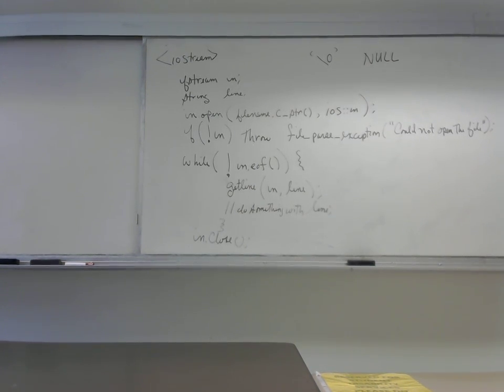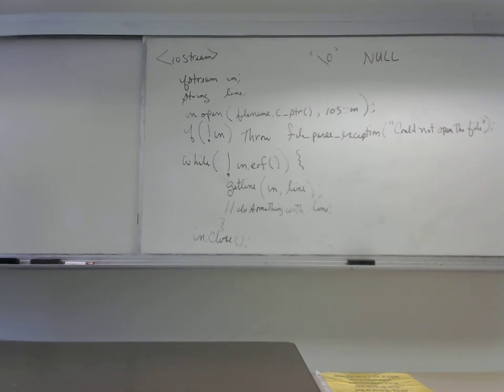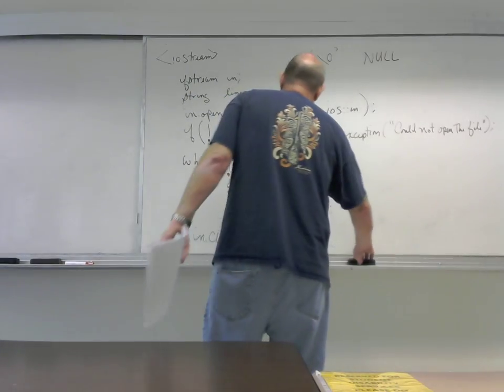So I want to start with something really, really simple here for you. So I have class Student. So this is a student. You have a name, a Red ID, a level, and a GPA. All right, so let's write this down and talk about it one piece at a time.